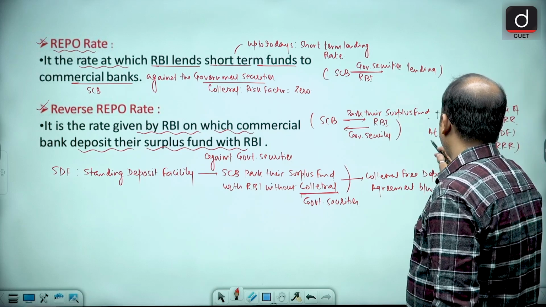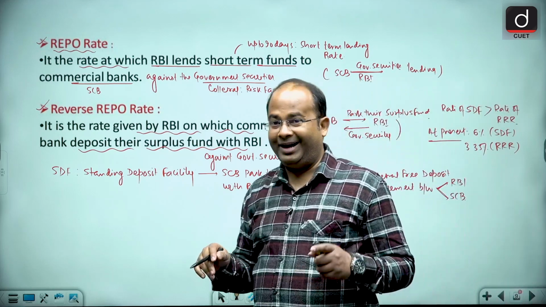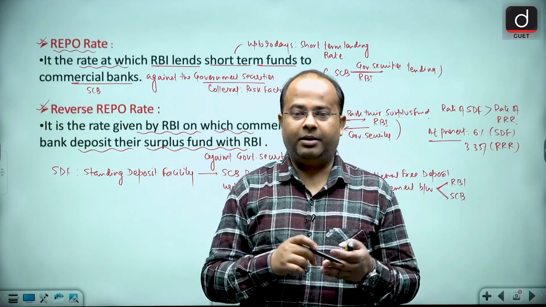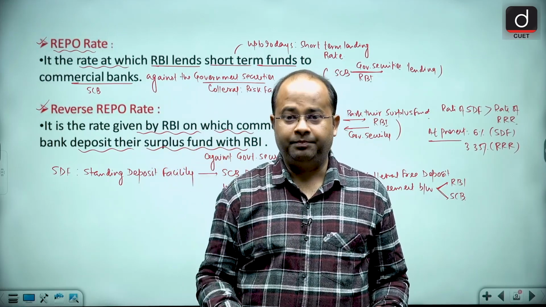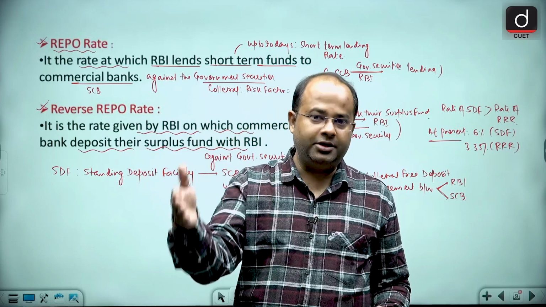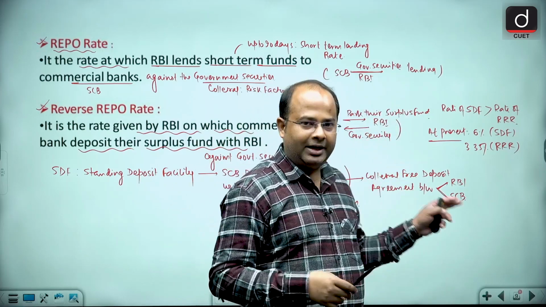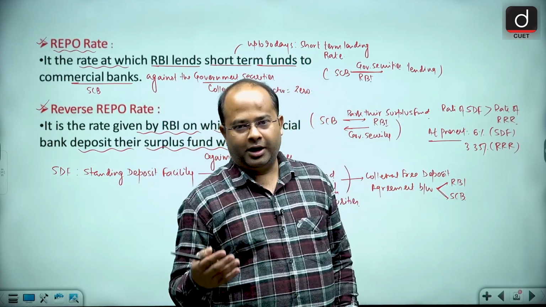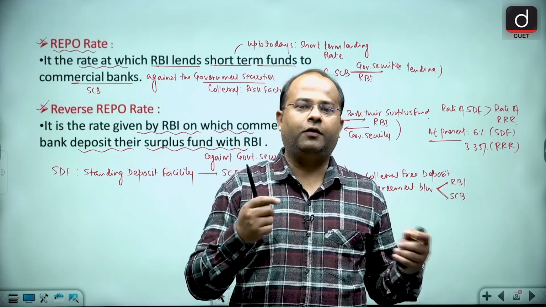Why is the higher rate of interest given? Reason is this: it is a collateral free agreement between Reserve Bank of India and scheduled commercial bank. There is no collateral agreement in case of SDF. Now banks, if they want to earn a higher rate of interest, can go for SDF.